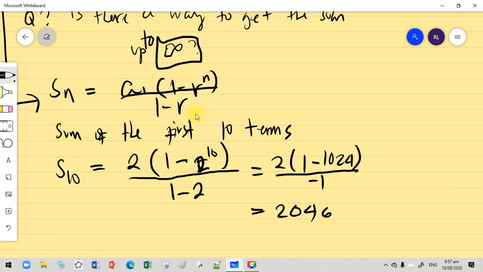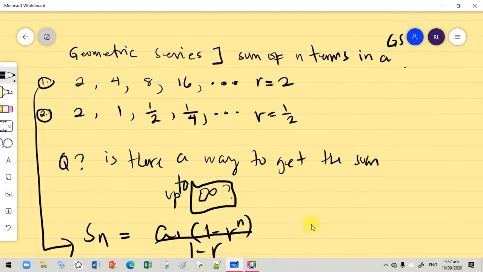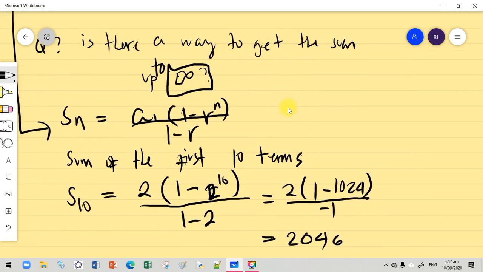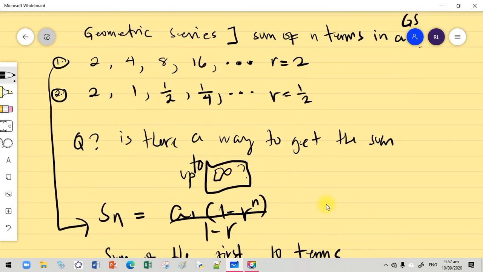So if you add all of this, 2, 4, 8, 16, until the 10th term, we'll get 2046. So we are getting the sum of its finite terms, because you cannot get the sum of the infinite terms for number 1.